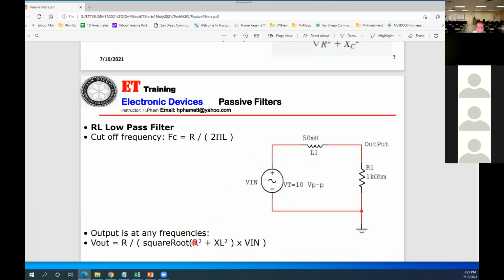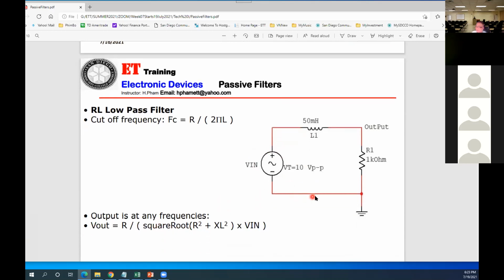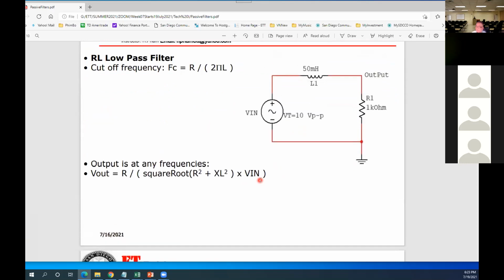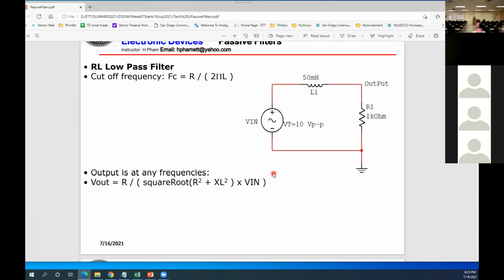The output at any frequency, you have to use this formula. But we do not deal much with the RL. Most of the low pass will be RC. Why do they like to use the capacitor over the inductor? That's normal.